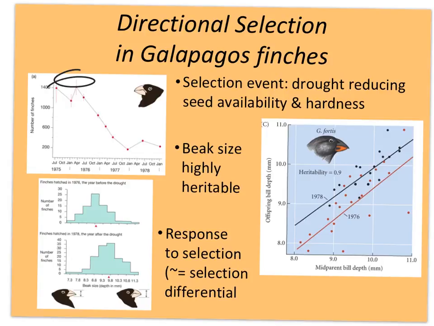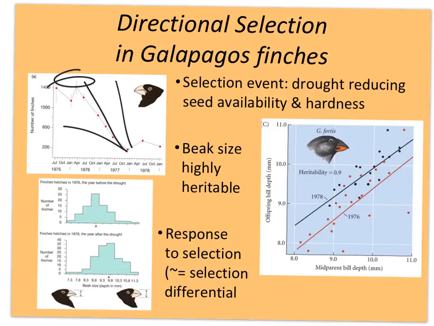Up here, the drought happens, and the finch population crashes. In fact, it almost goes extinct. The only ones that are left have very large beaks because the only seeds that are left are very hard seeds.